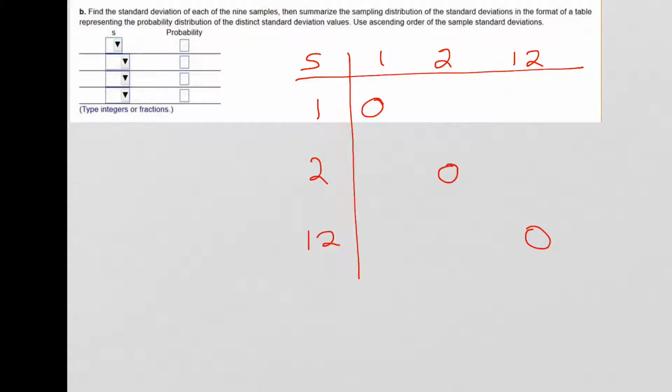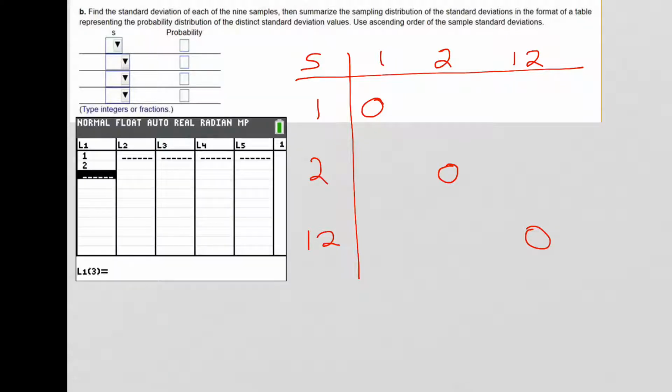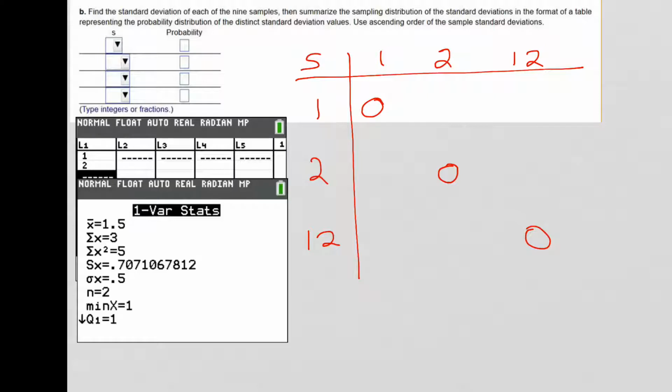That's where I'm going to go back to my calculator, and I put the numbers 1 and 2 into list 1 because that's my sample, and then I'm going to run one variable statistics again. Okay, now keep in mind again that it's the sample standard deviation we're looking at here, not the population standard deviation.